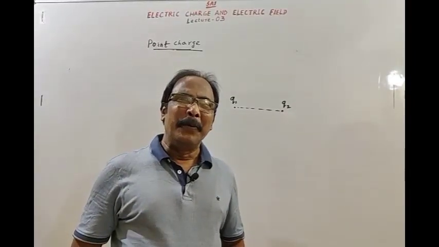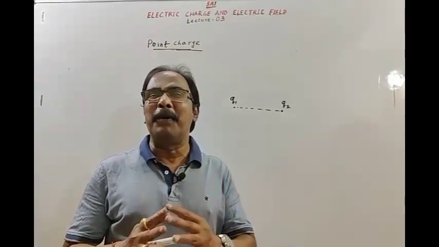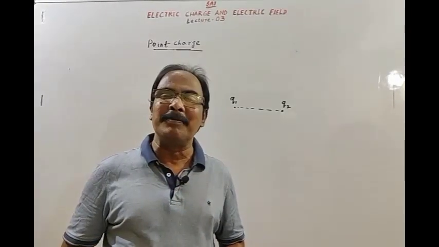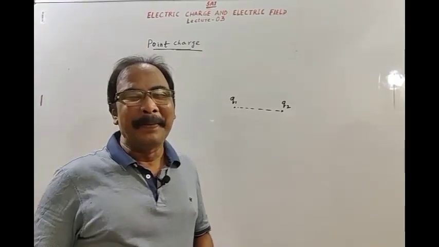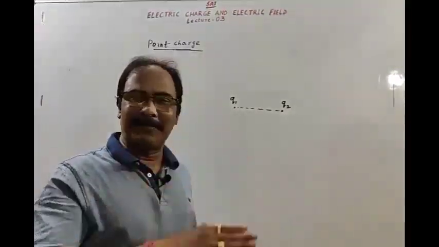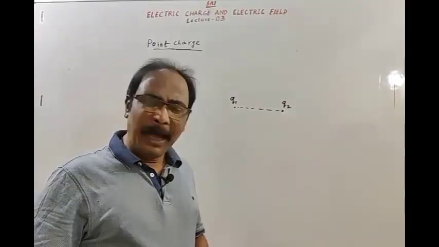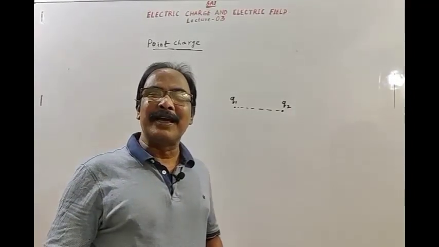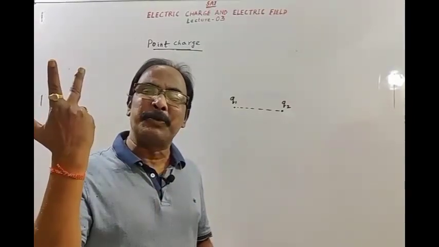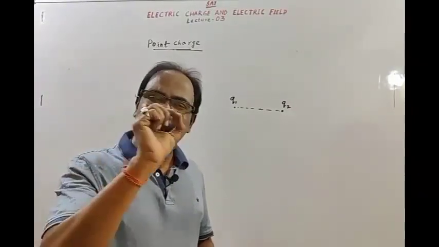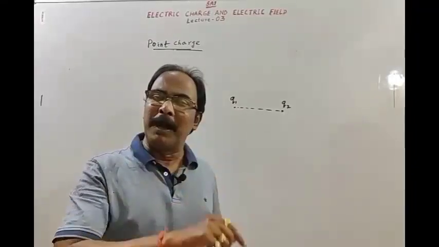Again, when we say charge, the first thing that comes to our mind is electron or proton. As we know, charge is always associated with mass. Charge always comes with mass, so where there is charge, there must be mass.